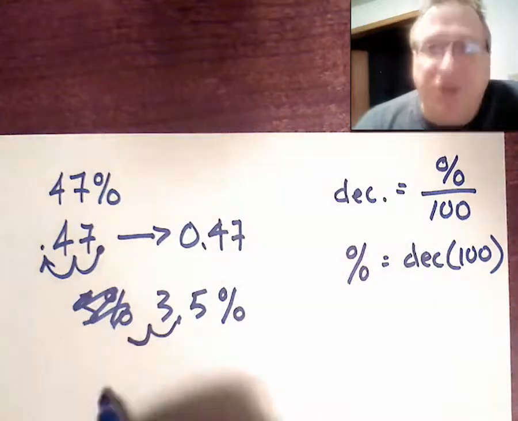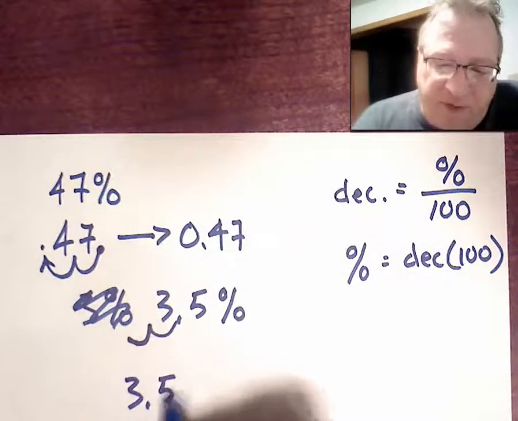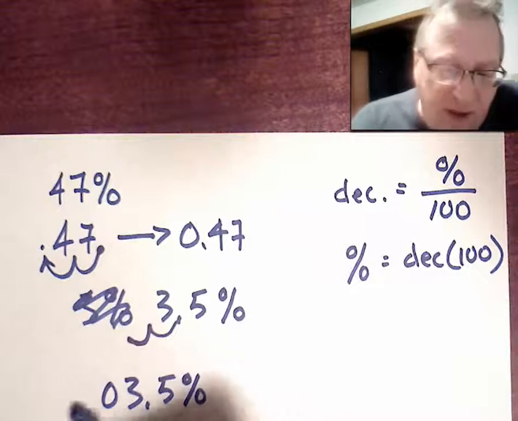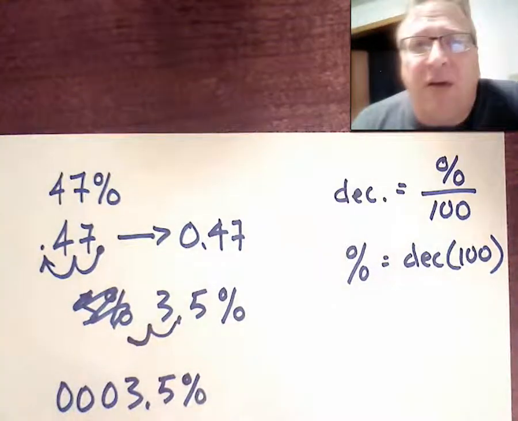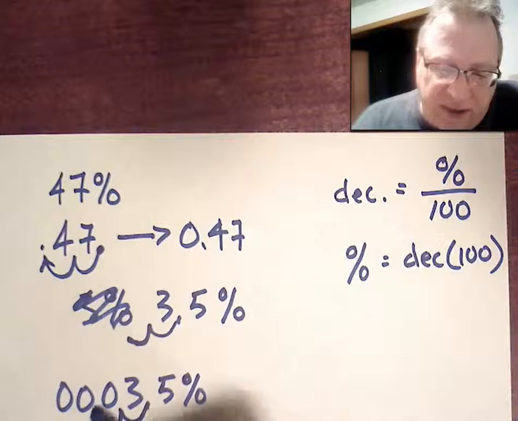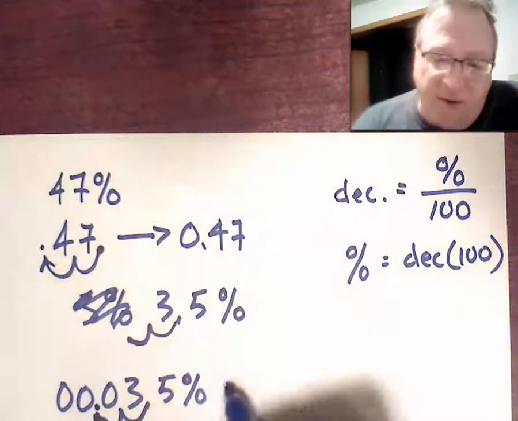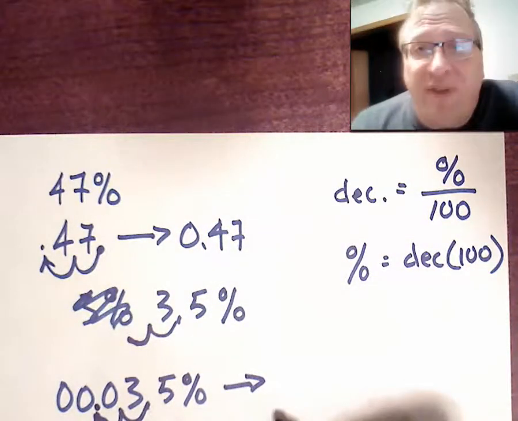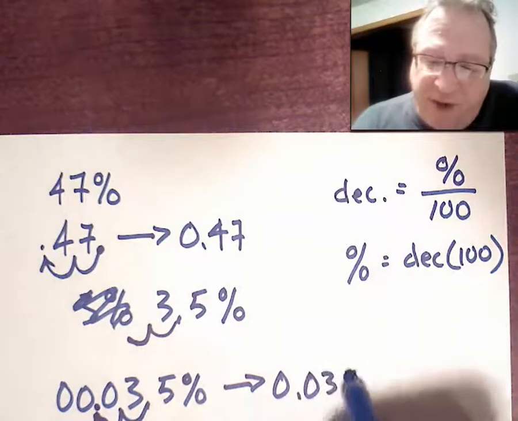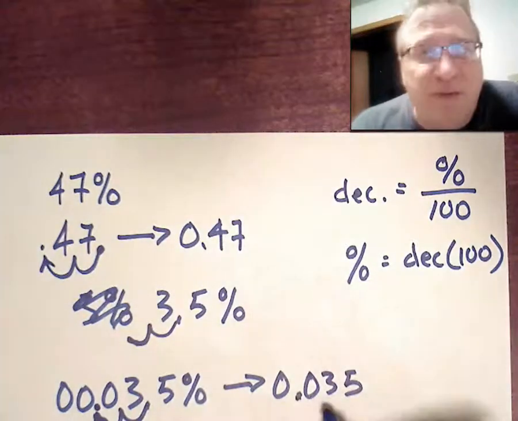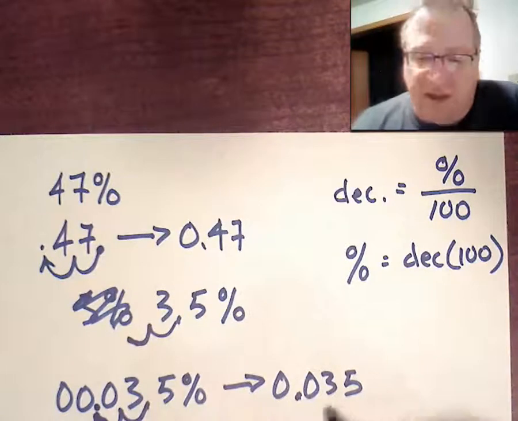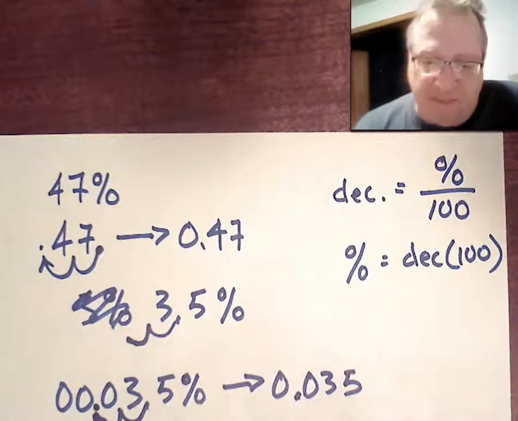Well, what you do is you take your 3.5% and you pad the left end with a couple zeros. Doesn't matter how many. Now you can see that your decimal point is going to end up right there. So 3.5% is really equal to 0.035. That's the decimal version. That's the version that you want to put in your interest equation.